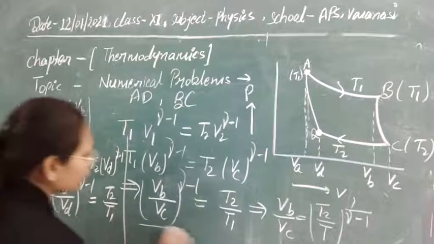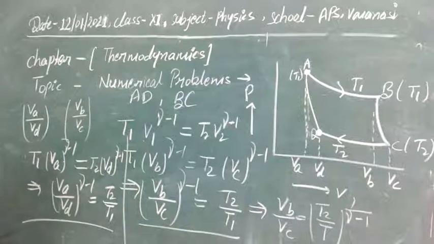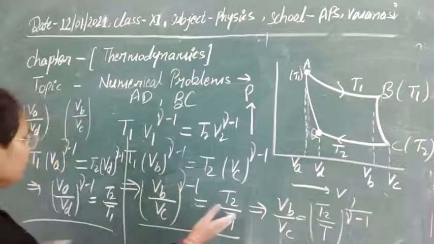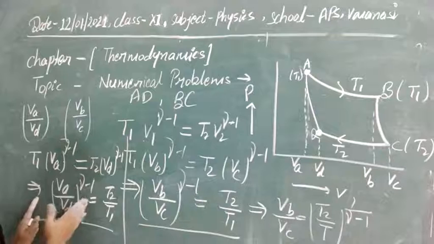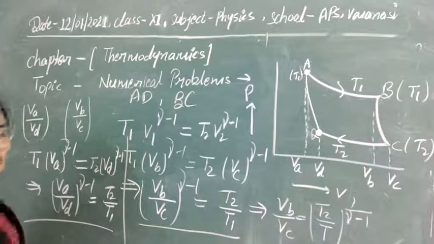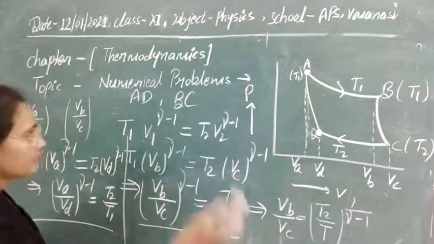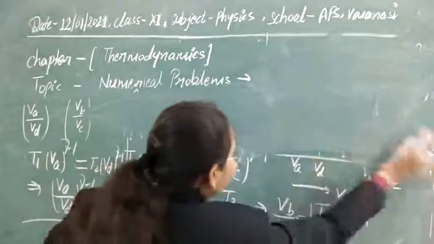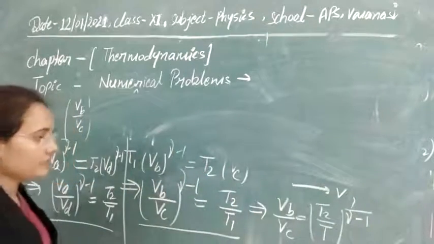Now you have this equation and this equation, just take the ratio of these two. From these two equations you can see that this term is equal to this term, it is the same for both of the cases. So just compare them and see what their ratio is.